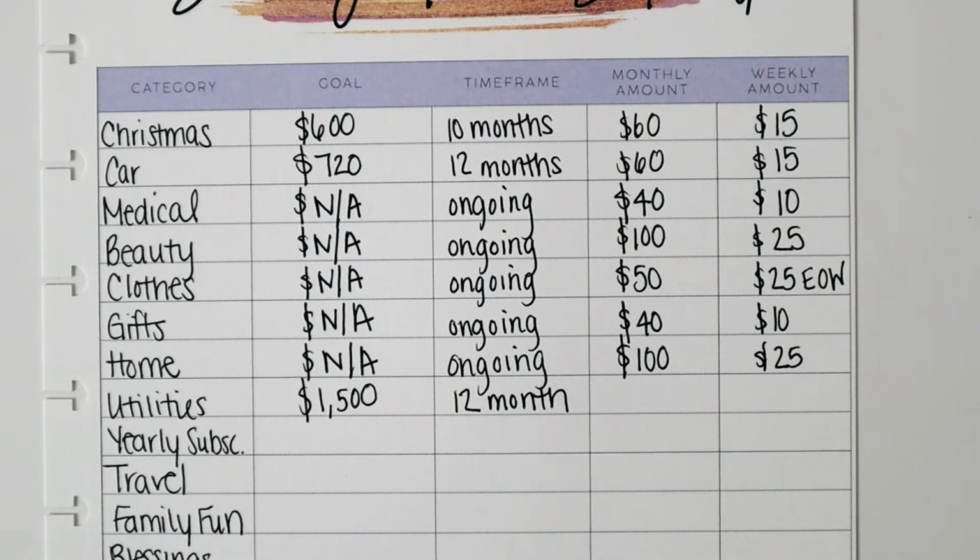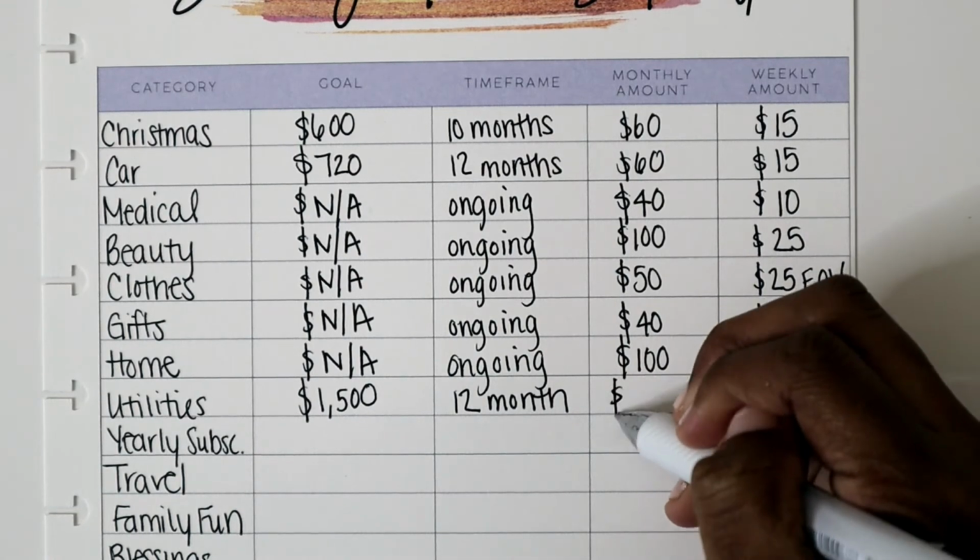We also have heat that is oil heat that throughout some of the winter months our bill is crazy expensive, and so I've calculated how much our typical expenses are for the year and figured out that it comes to about $1,500 for all of those utility expenses and utility bills.